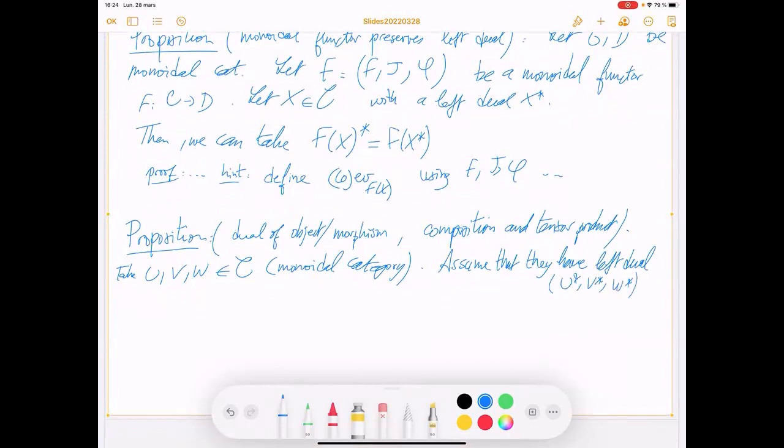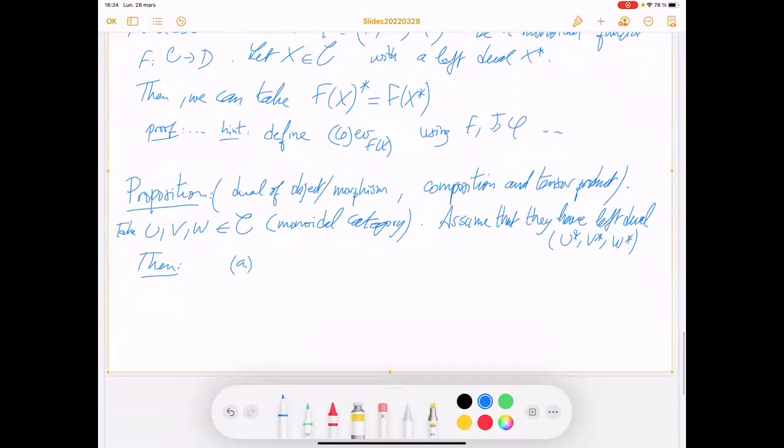Then the following equalities hold. First, how the composition of morphisms deals with the dual: you just switch like that. And how the tensor product of objects deals with the dual, you switch also.